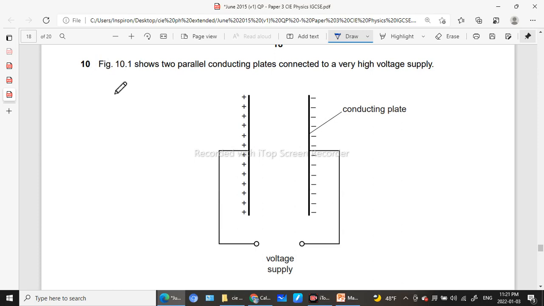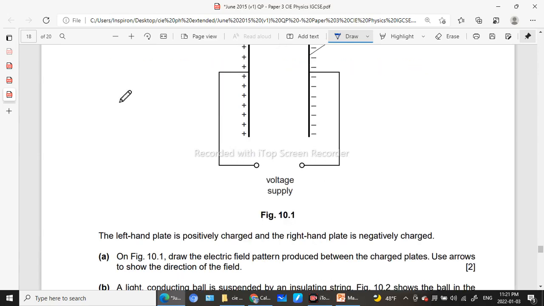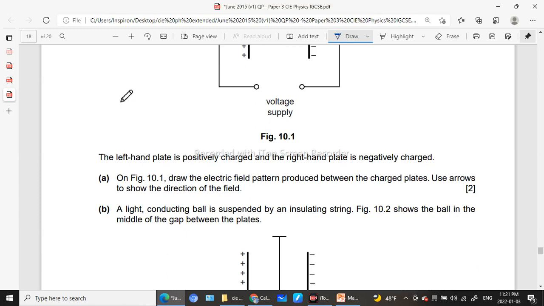Figure 10.1 shows two parallel conducting plates connected to a very high voltage supply. The left-hand plate is positively charged and the right-hand plate is negatively charged. A. On figure 10.1, draw the electric field pattern produced between the charged plates. Use arrows to show the direction of the field.